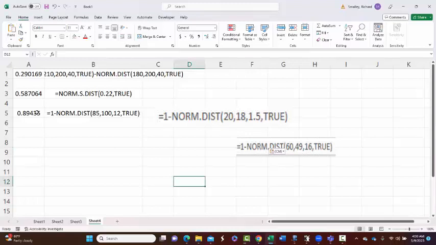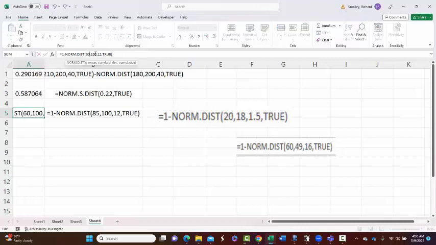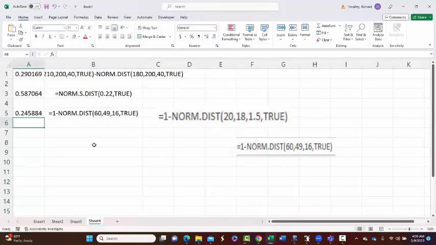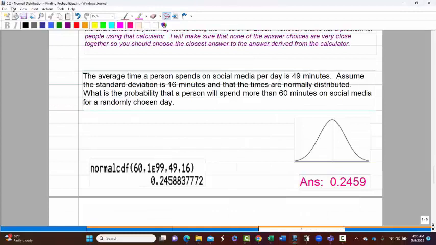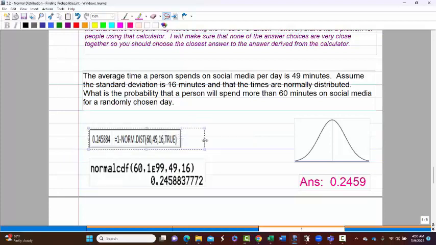All right, just makes it easier this way so I can see all the numbers, not have to memorize them. 49. There we have it. Wonderful.